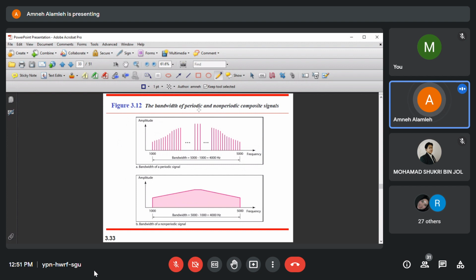Now the bandwidth of periodic and non-periodic composite signals. In figure A, the bandwidth of the periodic signal: we can see different frequencies. The lowest one is 1000 and the highest one is 5000. So the bandwidth equals the highest, which is 5000, minus the lowest, which is 1000.